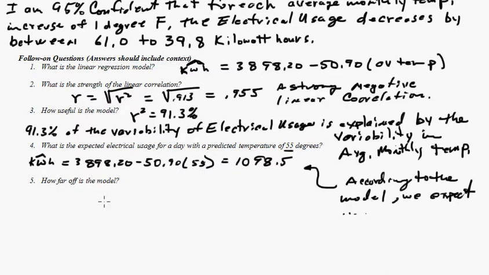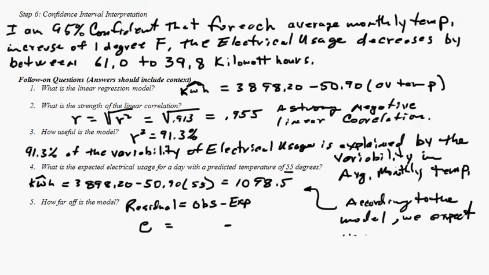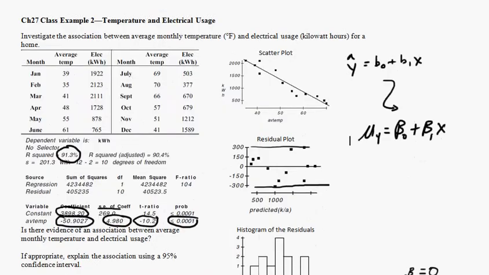So how far off are we? What that's asking is, what's the residual? The residual is equal to the observed minus the expected, and sometimes we say E. The observed value is up here in the raw data.